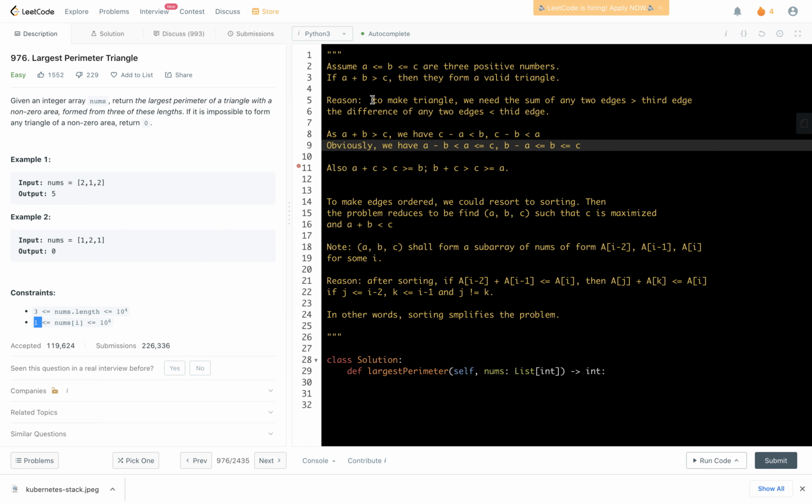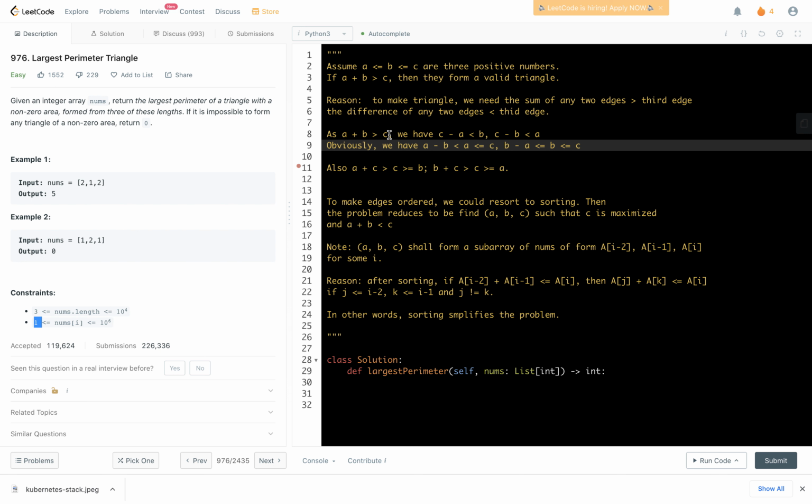To make a triangle, the necessary and sufficient condition is that the sum of any two edges is larger than the third edge, and the difference of any two edges is less than the third edge. From A plus B greater than C, actually we can derive all the things.